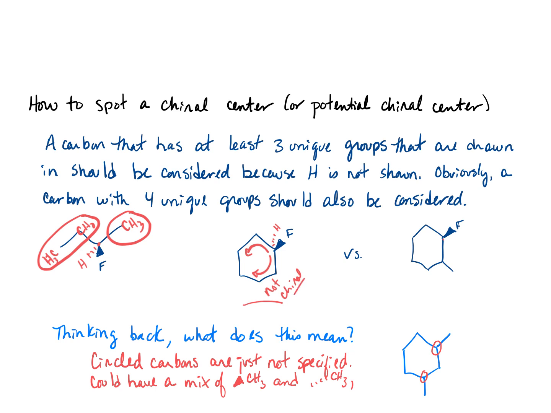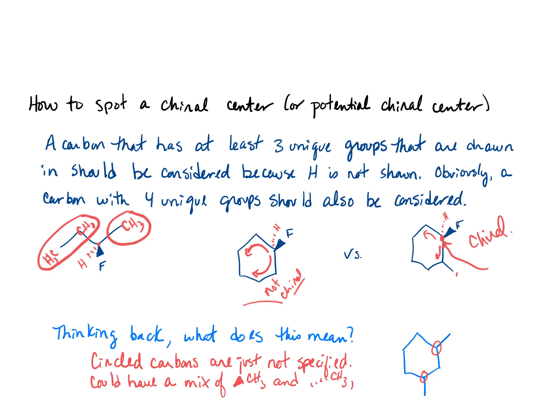However, in this case, this direction, I hit another CH3 pretty quickly. This direction, I don't. And considering the fact that we've got a hydrogen right there, this one is chiral. And we have a stereocenter right there, okay?